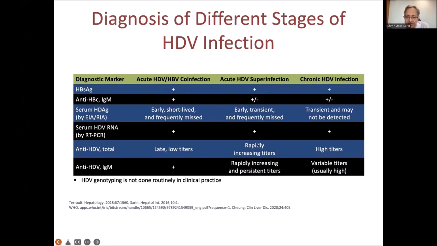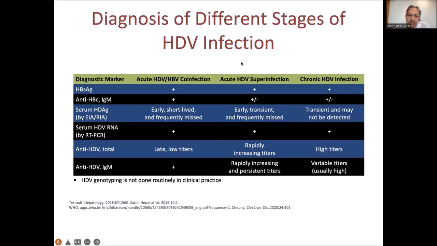And this patient will have rapidly increasing IgM delta. So in simple terms, in superinfection, IgM anti-core may be negative. While in chronic infection, you will have both of them positive. IgM core may be generally negative. You will have delta, you will have RNA, HBsAg.